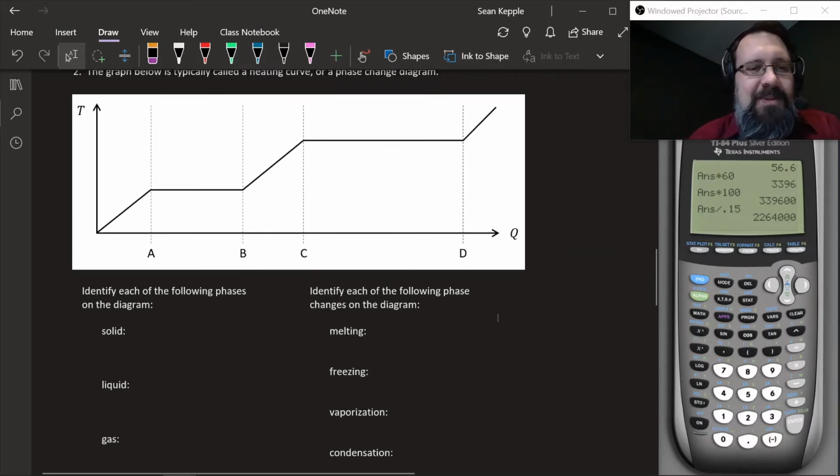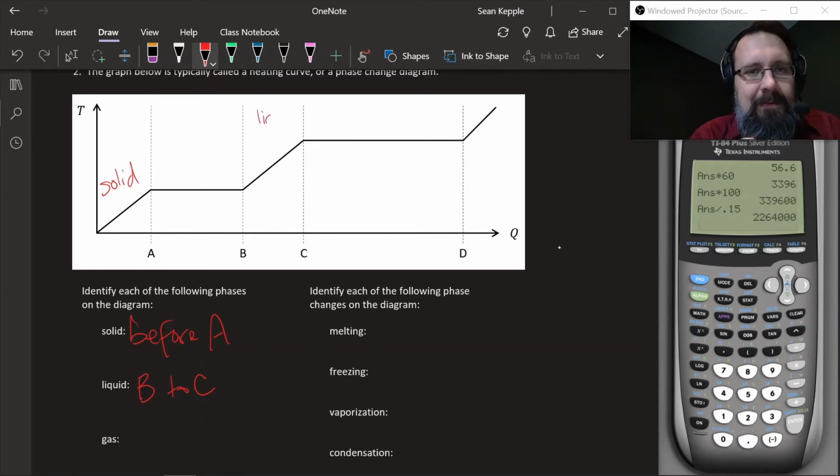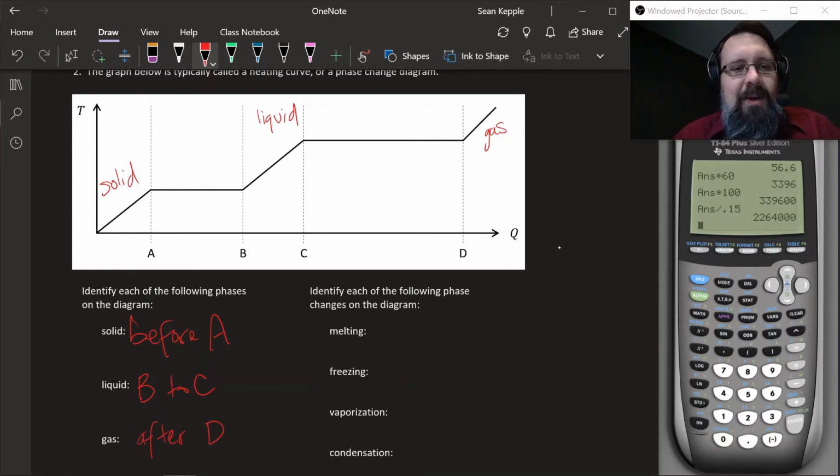All right, so first up, the solid is before A. So over here, this is where it's a solid. Where it's a liquid is B to C. And where the material is a gas is after D. The way I know that is because when the temperature goes constant, during these regions where it's constant temperature, that's where the phase is changing.